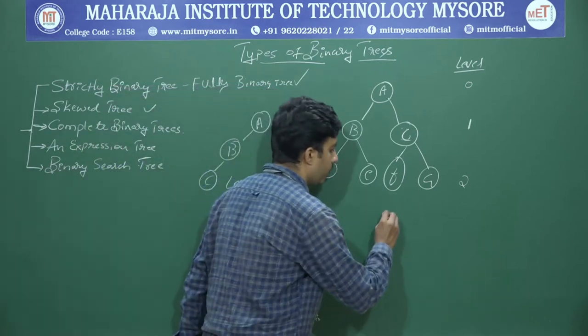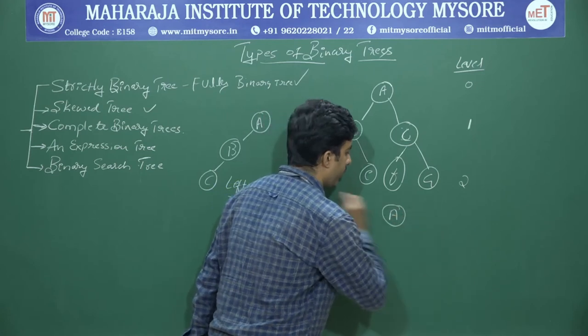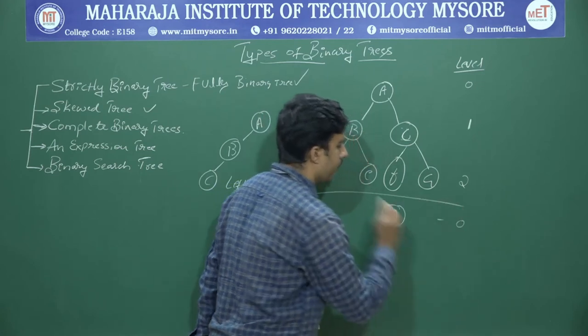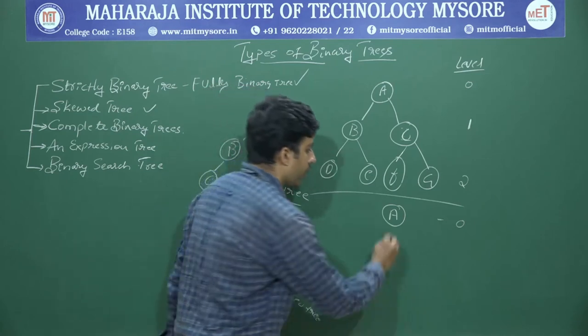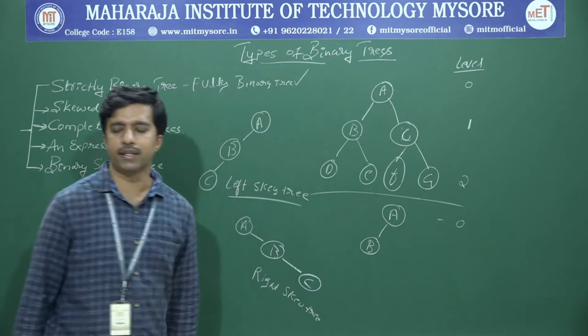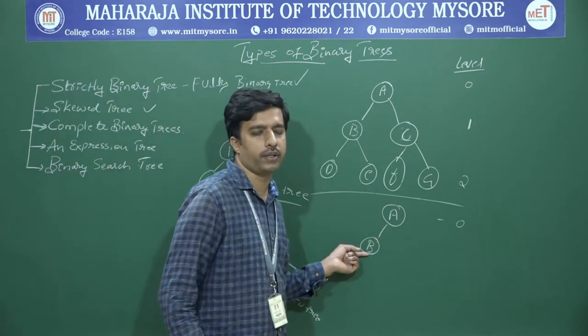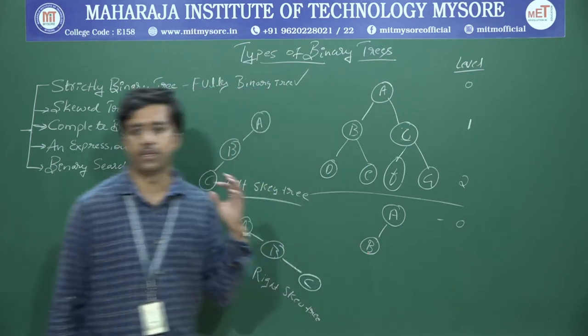Check how it works. See, A is at the 0th level. B has the left child. Check whether it is a complete binary tree or not. It should be filled from left to right.